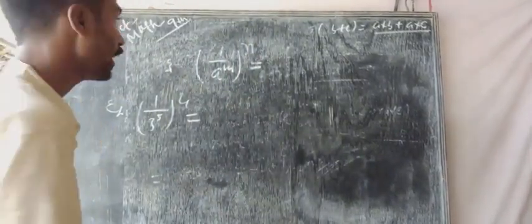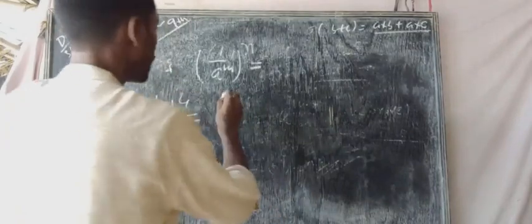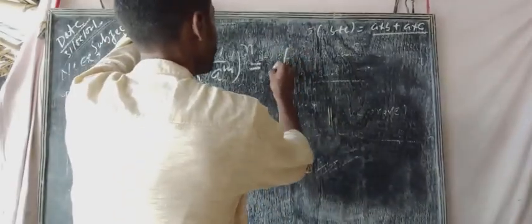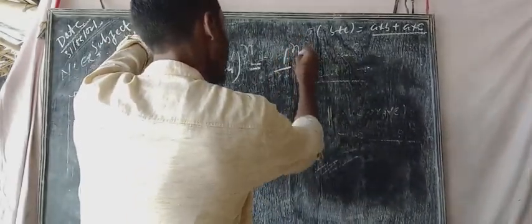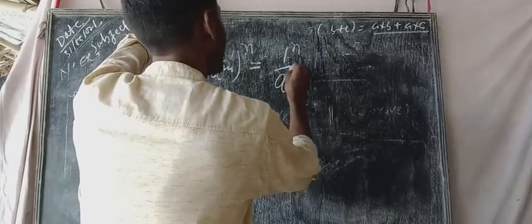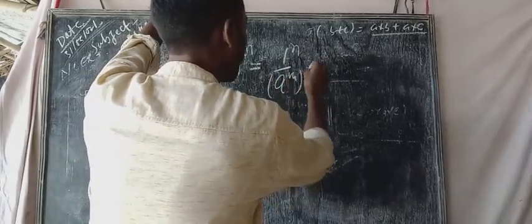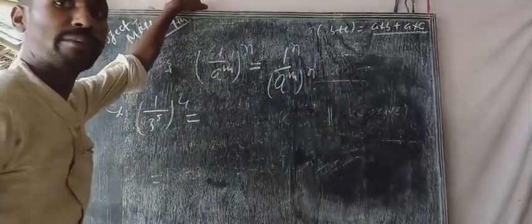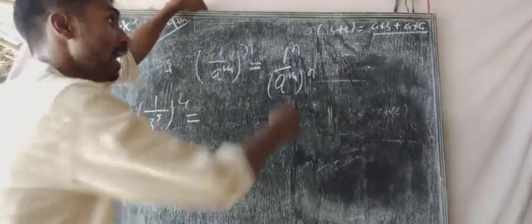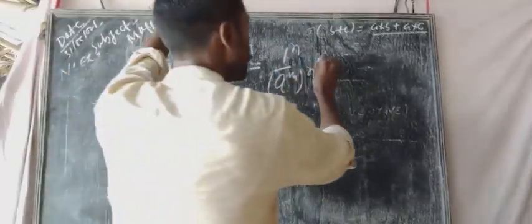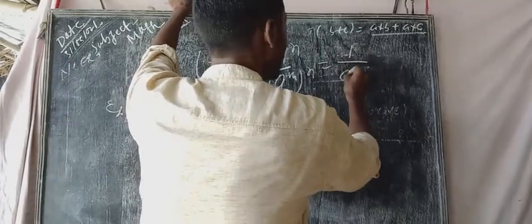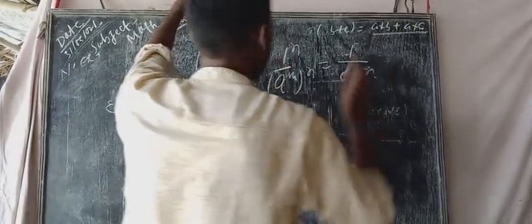Now this can be written as 1 to the power n by e to the power m whole power n. That means the power can be divided. So that can be written as 1 by e to the power m into n.